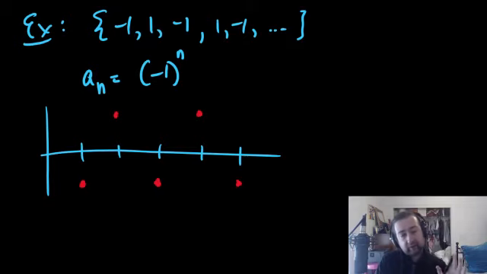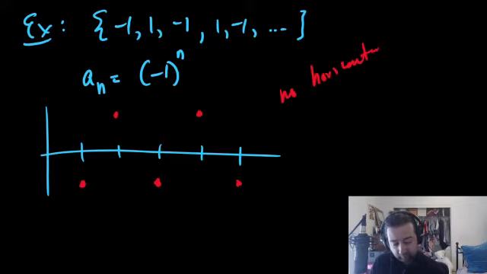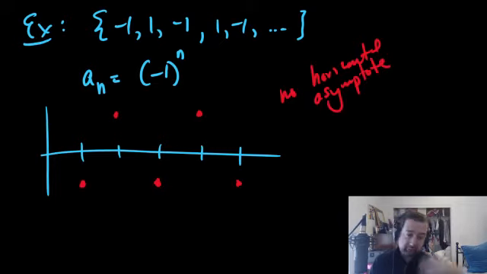The reason that the sequence diverges is that it never settles down on one number. There's not a single horizontal asymptote that this is approaching. It just keeps flopping around for all of eternity, and that means it never settles down on a y value.